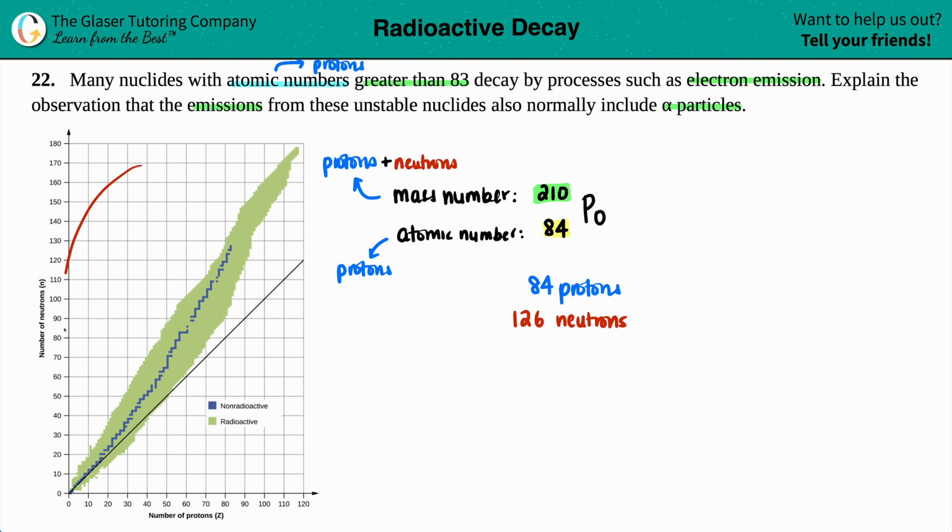So if we go to our band of stability, just to show you what we're doing here, keep in mind that this blue band is the band of stability. There are only a few stable atoms out there. All the green stuff, whether you're above or below the band of stability, you're going to be unstable. And generally, you're going to be radioactive, and you will emit particles to make yourself more stable.